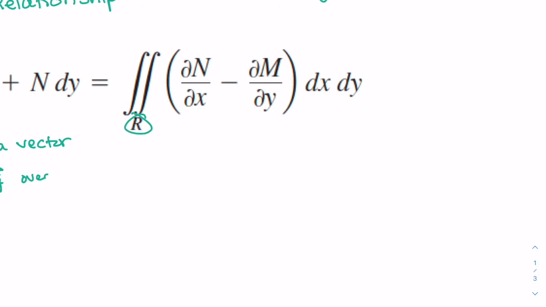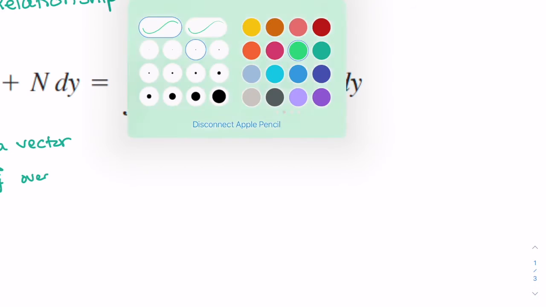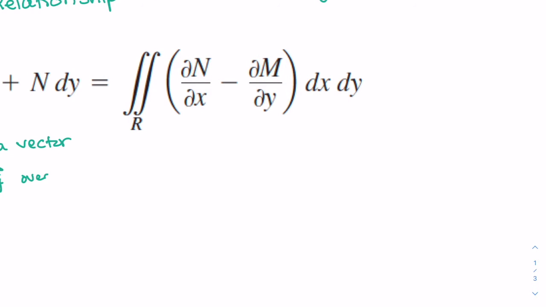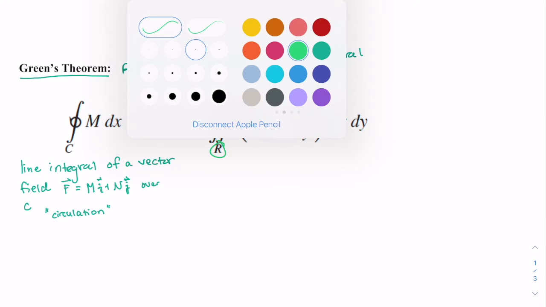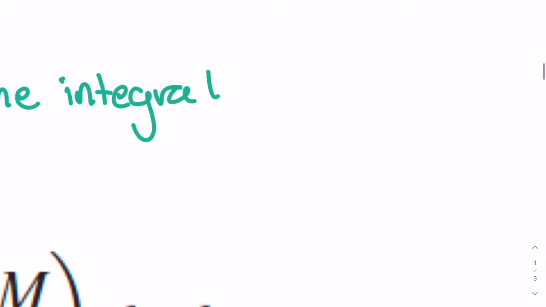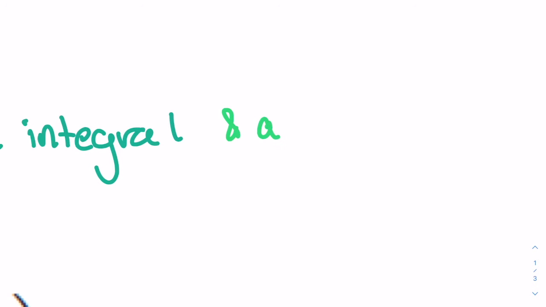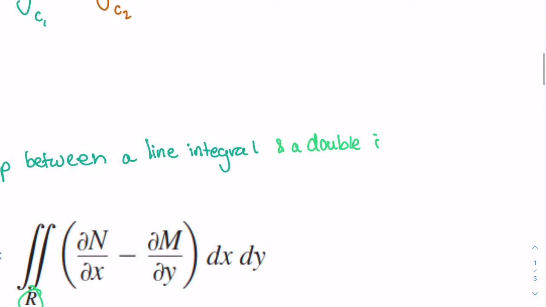So this is a double integral over a region R. Let me pick a different flavor for this side. A double integral over a region R of some term dx dy. So this is the relationship between a line integral of a vector field and a double integral over a region.